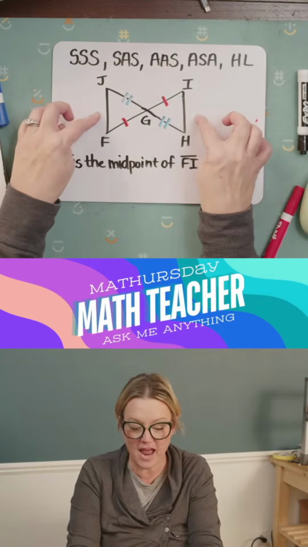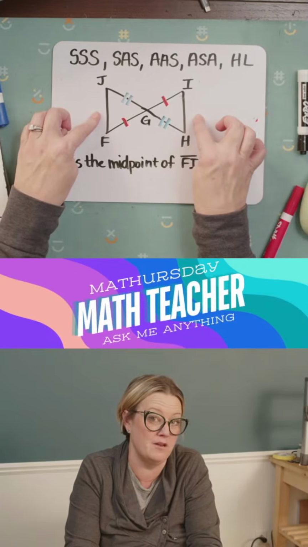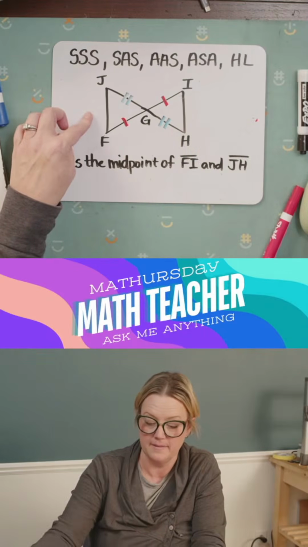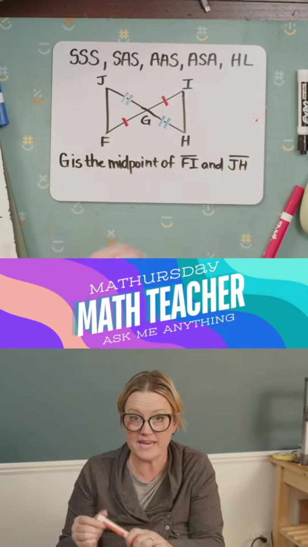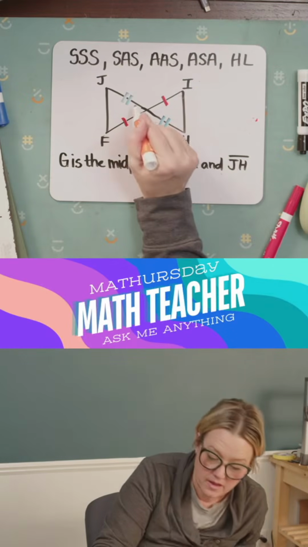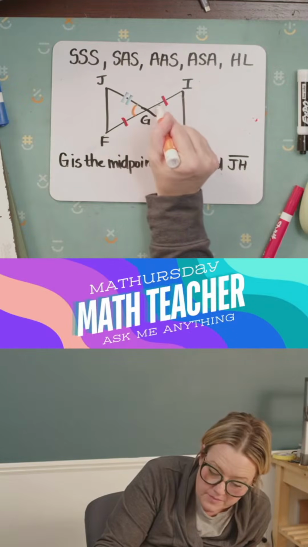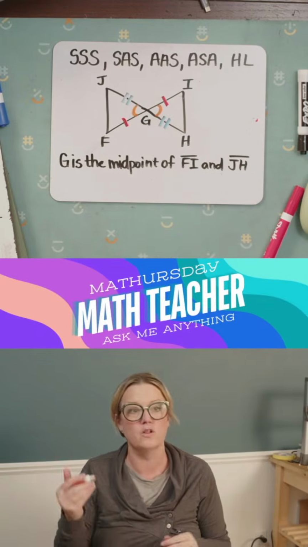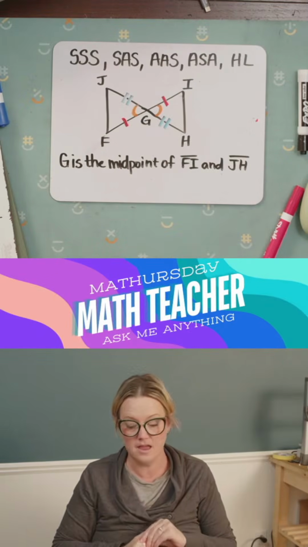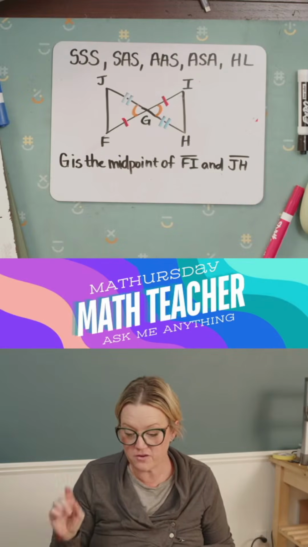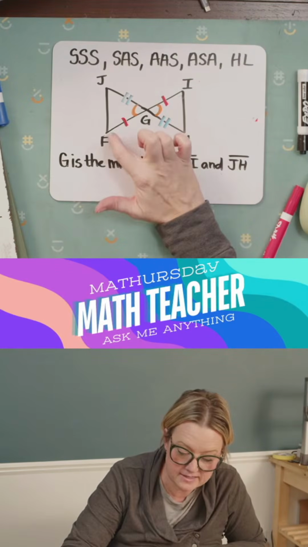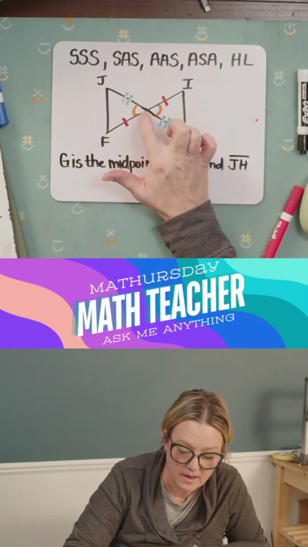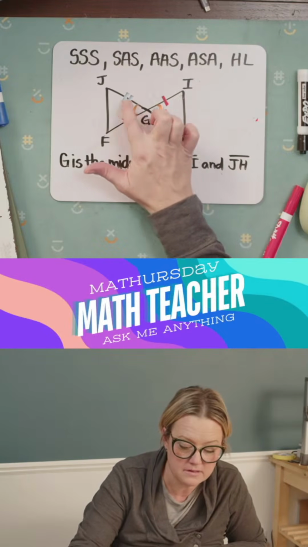Now, JF and IH, there's no real information for me to figure out that those are congruent. But there's one more piece that's always going to be true. This angle and this angle are congruent because they are vertical angles. Okay? So once we figured that out, we've got side, angle, side.